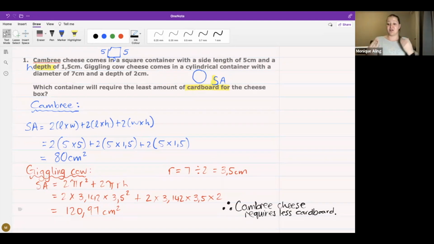We're going to need to work out the surface area. So the cardboard to make these boxes, how much cardboard, those are all our surfaces. So we know that it's surface area, just asked in a very different way. Do we have any questions with this one?